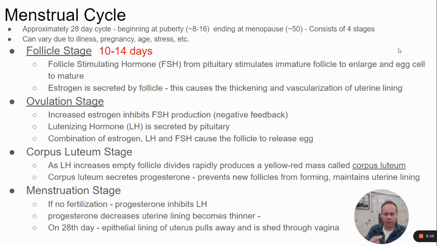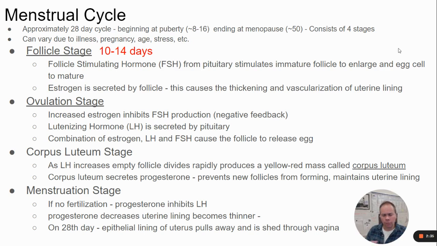When levels of FSH increase in a woman's blood, because the pituitary is pumping this hormone into the blood, that blood, as we talked about with the endocrine system, eventually reaches the ovaries, and because the ovaries have receptors for FSH, it triggers some things to happen within the ovaries.